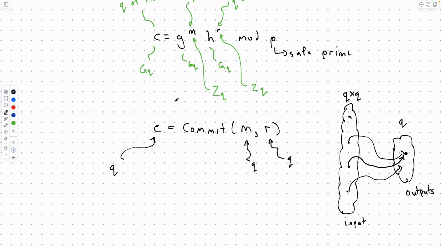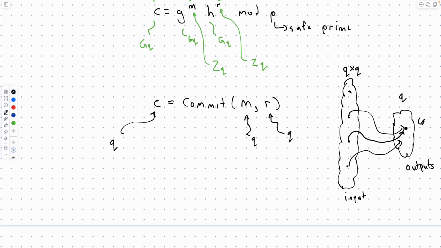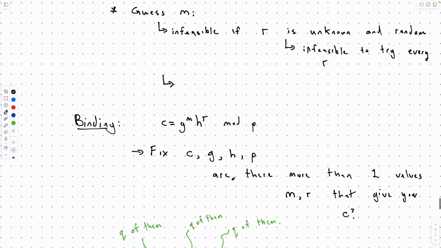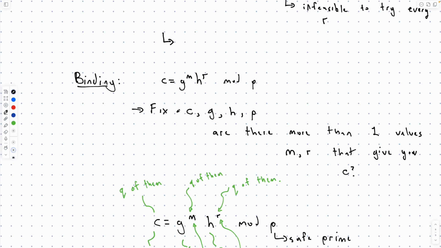So based on the fact that the output space is smaller than the inputs, there has to be collisions. Okay? So we call that a collision. What does that have to do with commitment functions? Are there more than one MR values that give you the same C?